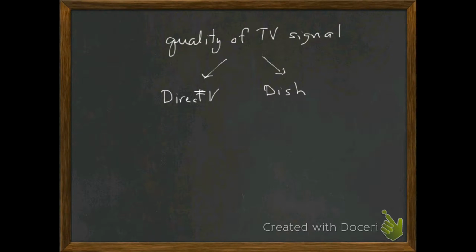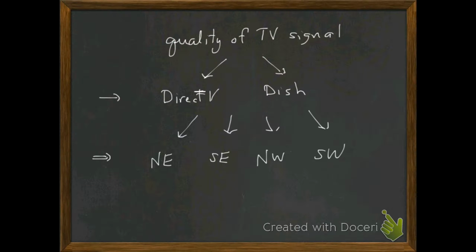Now, if that was the end of the game, we would just run a two-sample t-test and go with it. But let's say that we want to look at this across region. Well, what we have here is a two-way ANOVA because we have two factors. Factor A is obviously the service provider, and factor B would be across region.